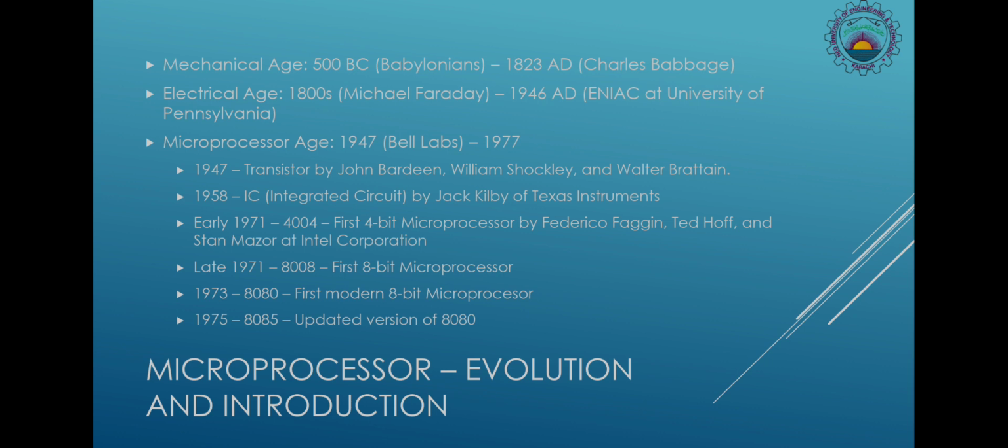Then, after the invention of the electric motor by Michael Faraday in the 1800s, the electrical age starts, and many scientists invented their electronic calculating machines, and some of those were used for different purposes in World War II.